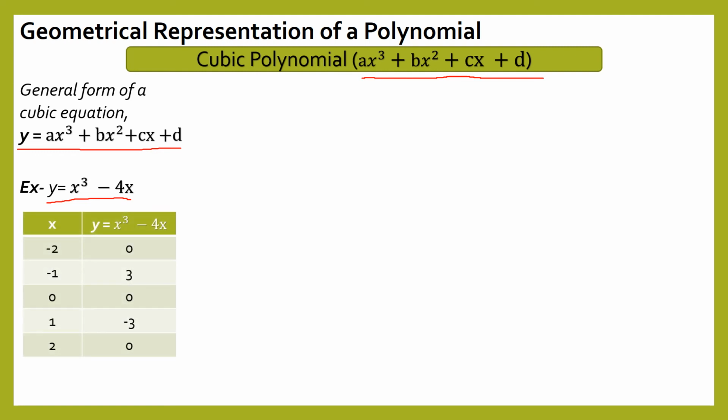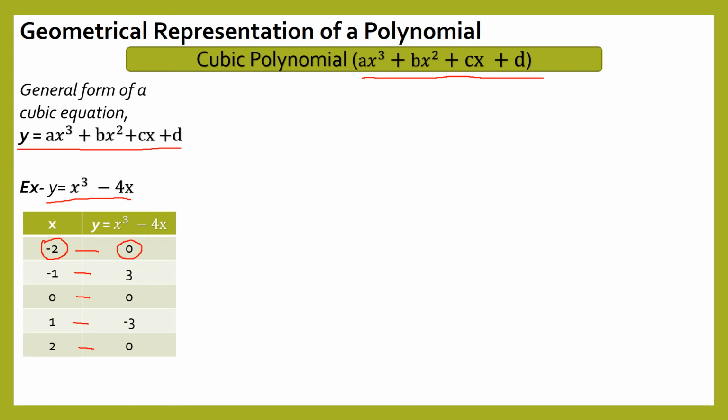We make a table like this, wherein we put different values of x and we get the corresponding value of y from the equation. So we can get different sets of coordinates. In our case, the coordinates are (minus 2, 0), (minus 1, 3), (0, 0), (1, minus 3), (2, 0).